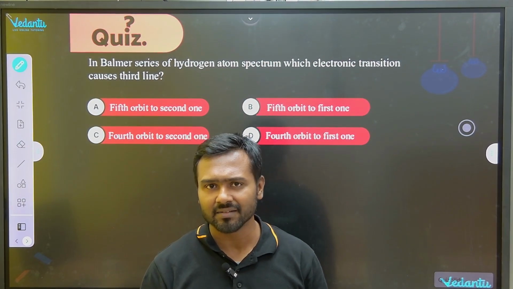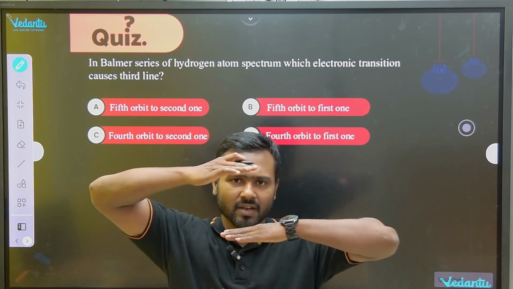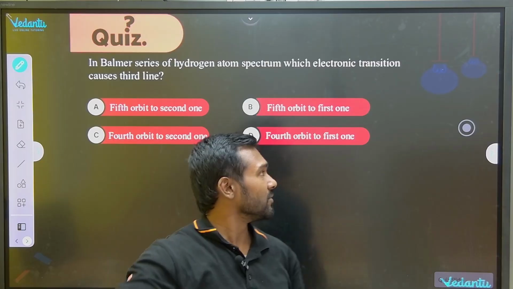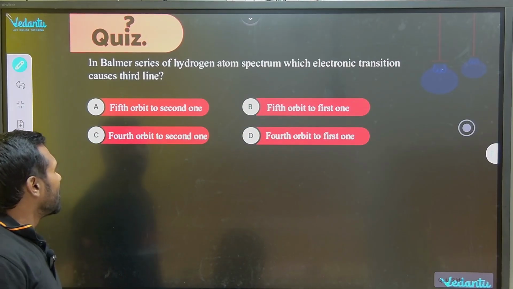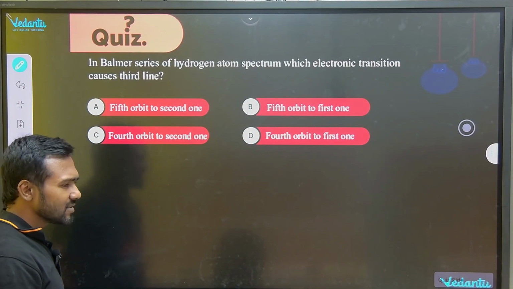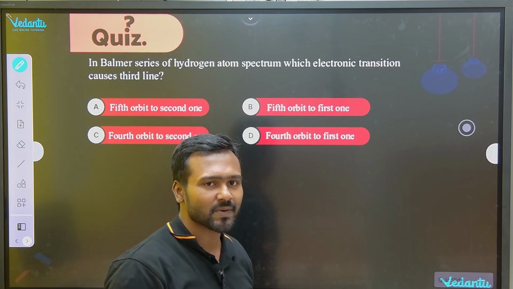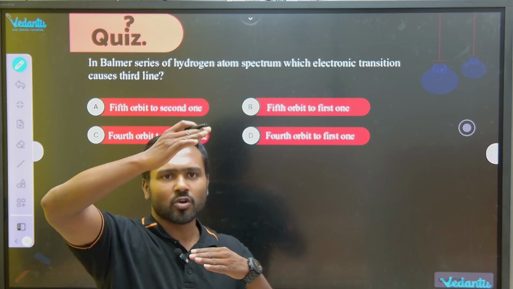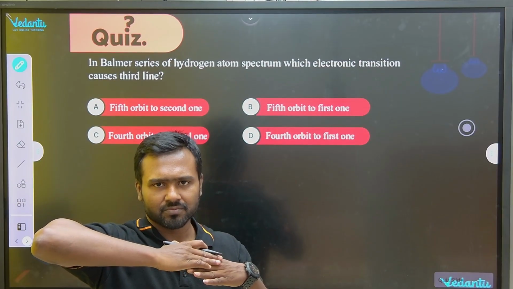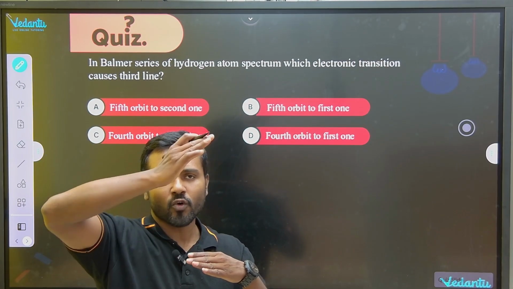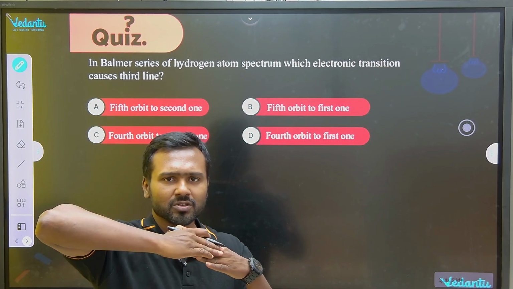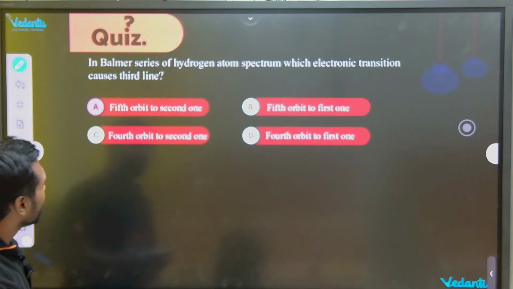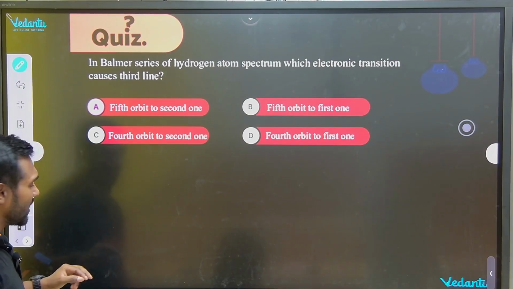Third line. First line means 2 to 3, next 2 to 4, 2 to 5. Or else, I said absorption spectrum, now emission spectrum. Emission means 5 to 2, 4 to 2, 3 to 2. So 3 to 2 is the first line, 4 to 2 second line, 5 to 2 third line. So the answer is 5, that is fifth orbit to second orbit.